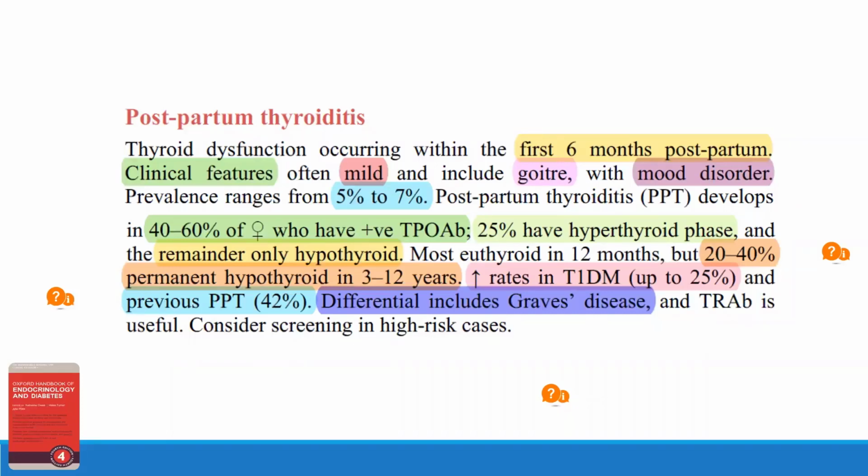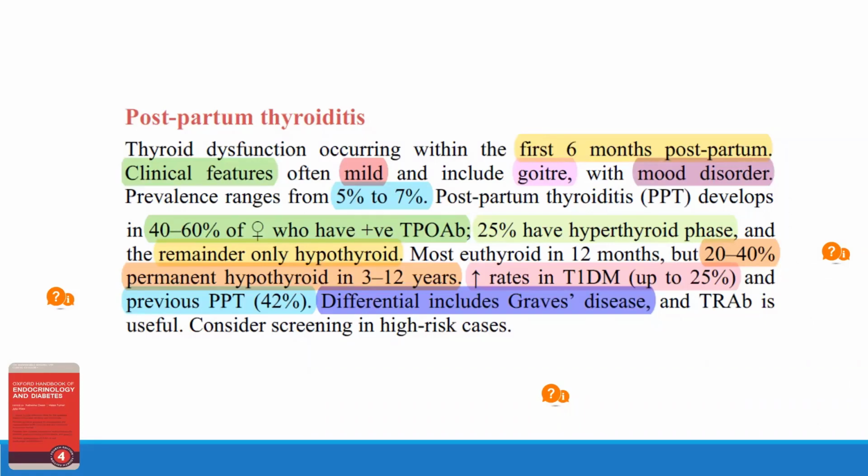Postpartum thyroiditis usually occurs in the first 6 months postpartum, and in other references in the first year postpartum. Clinically, the patient usually has a mild goiter with mood disorders. The prevalence is from 5 to 7%, and postpartum thyroiditis occurs in about 40 to 60% of women who have positive anti-TPO. 25% of cases present with a hyperthyroid stage in the first few months.